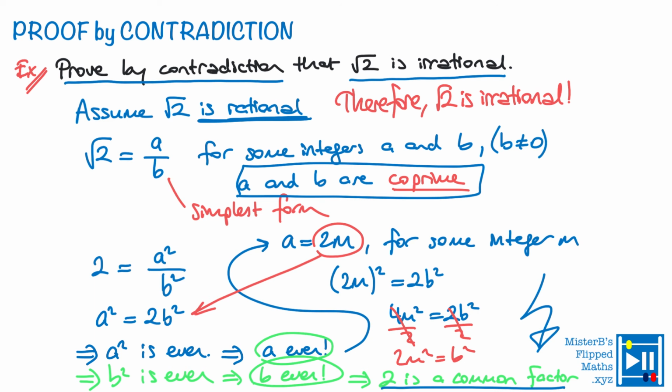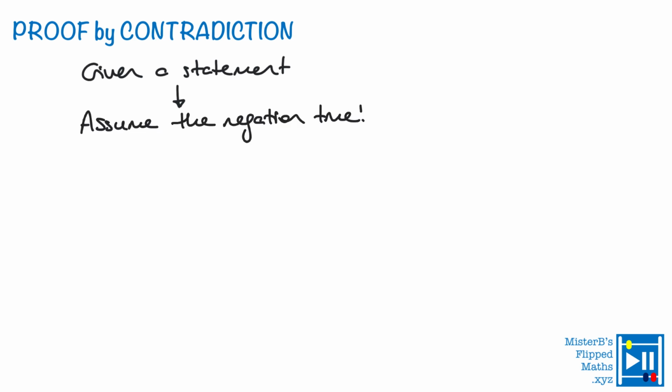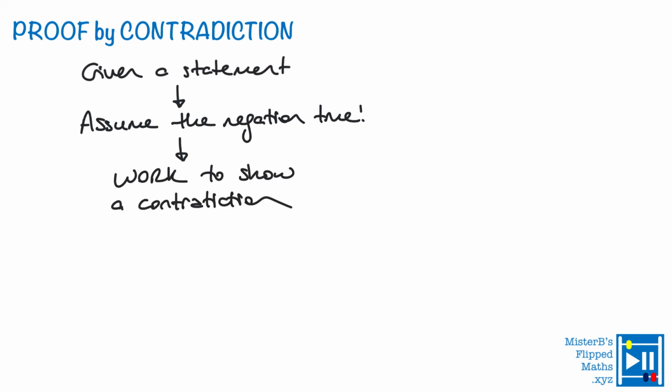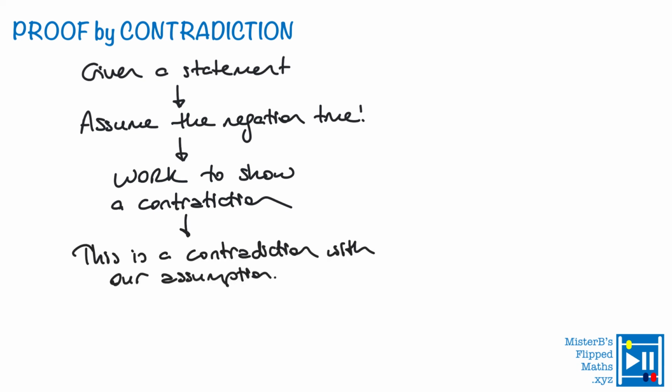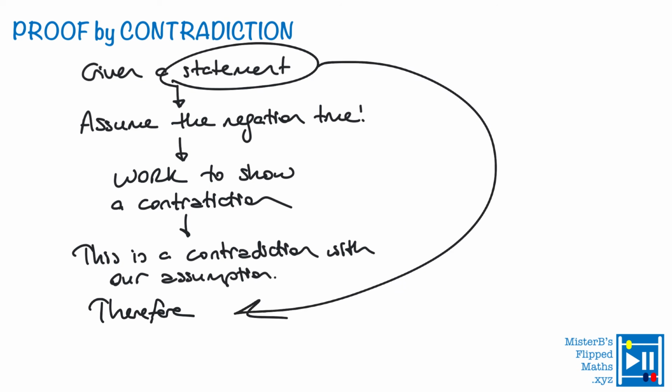So let's write the steps of proof by contradiction. Basically, you will be given a statement to prove. You will assume the negation is true, and then you will work on this assumption to show a contradiction. Then you state that this is a contradiction with our assumption, and you write the given statement here.